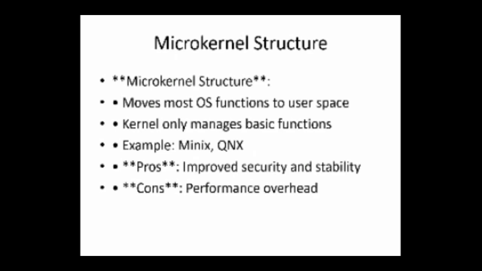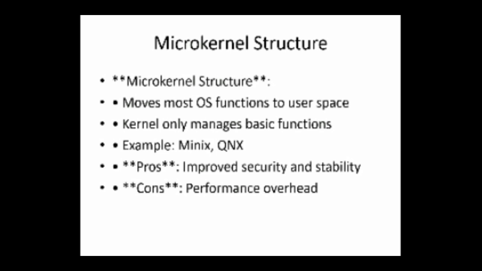Next, microkernel structure. The microkernel structure moves most OS functions to user space. The kernel only manages basic functions. Example, Minix, QNX. Its pros are improved system security and stability. Its con is performance. The kernel will be divided into user systems.